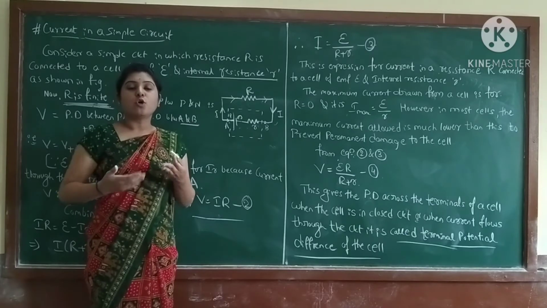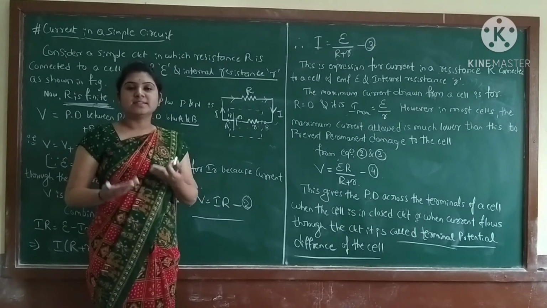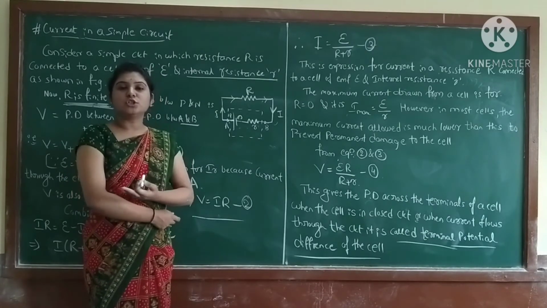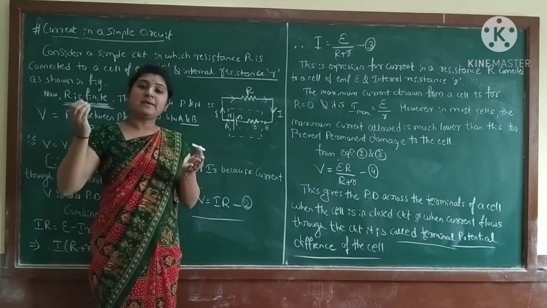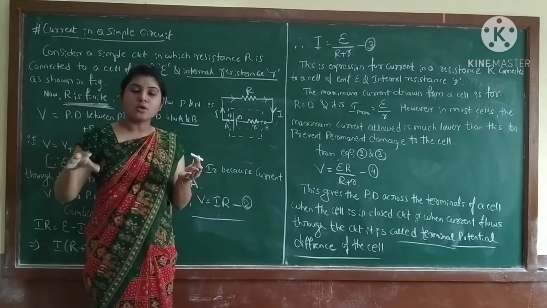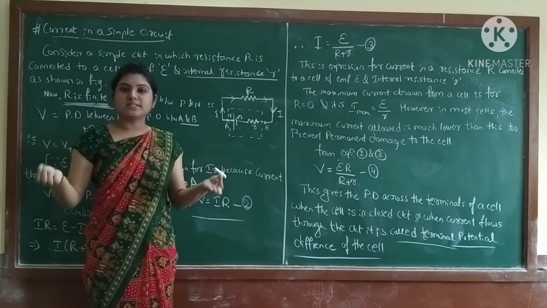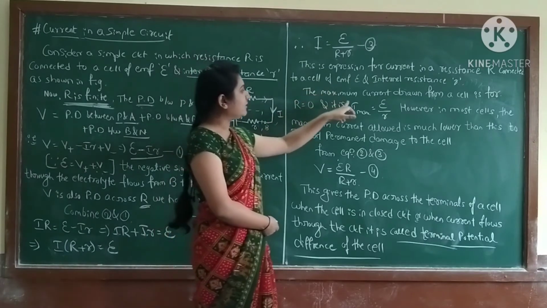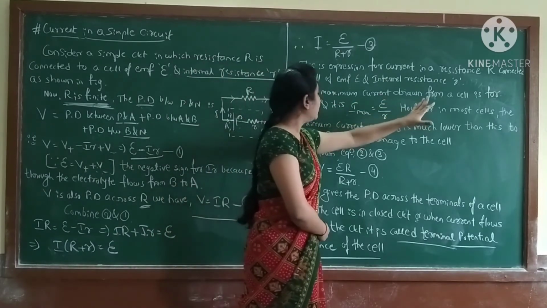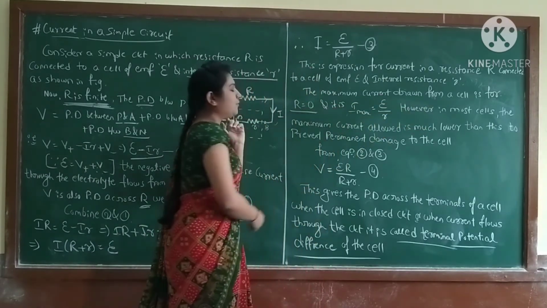Yes or no? What do you mean by resistance? Resistance is nothing but the opposition to the flow of current. Correct? If I make the resistance 0, only then will the maximum current flow. So the maximum current drawn from the cell is for R equal to 0.